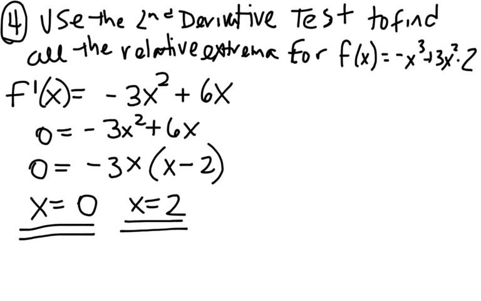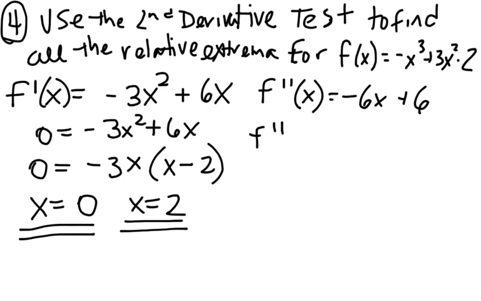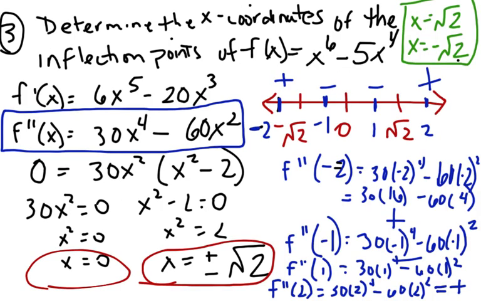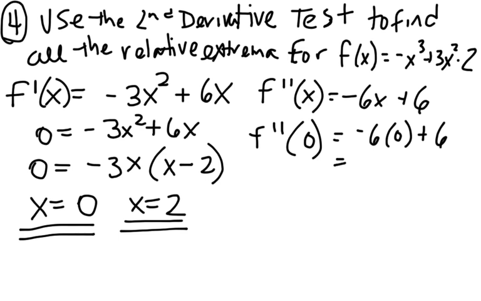So now I'm going to find my second derivative, which is negative 6x plus 6, and I'm going to sub in the 0 to start, which gives me a positive 6, but the number doesn't really matter.